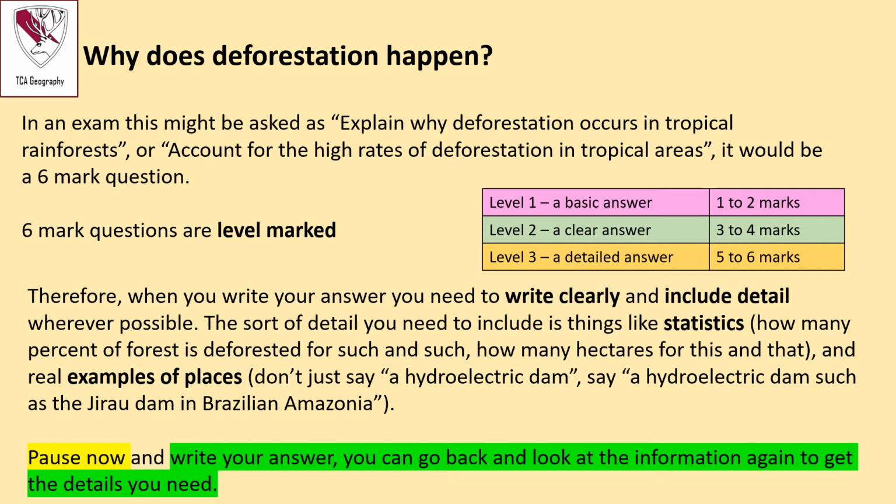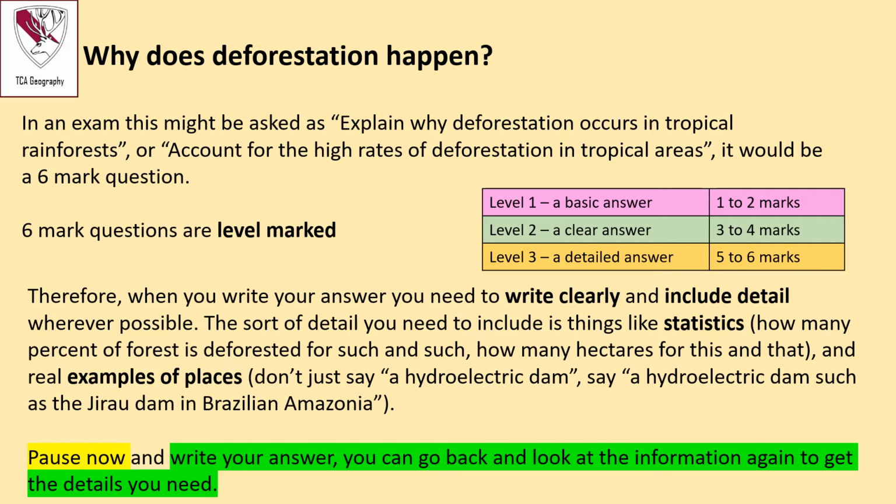Now, if it's a basic answer, it can't get above 2 marks. If it's a clear answer, but without any detail, it can't get above 4. And if it's nice and detailed and clear, with all its points correct, then it could get up to maximum marks.